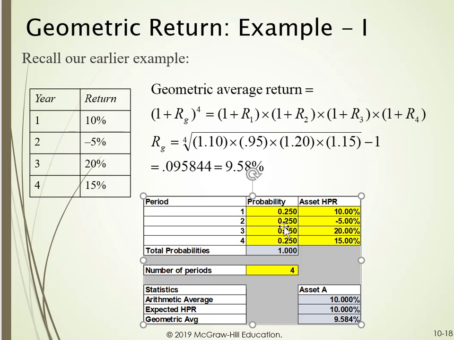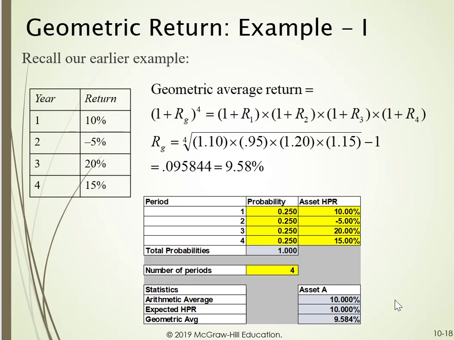If you're just looking at time, of course, they would be equal. If you were doing some prediction, you may have different probabilities. But what we're talking about here is time. These are the actual returns. Divide that by the number of times, so it'd be 0.25. If you look down below at statistics, the arithmetic average is 10, and the geometric average is 9.584. So again, this is just a calculation.